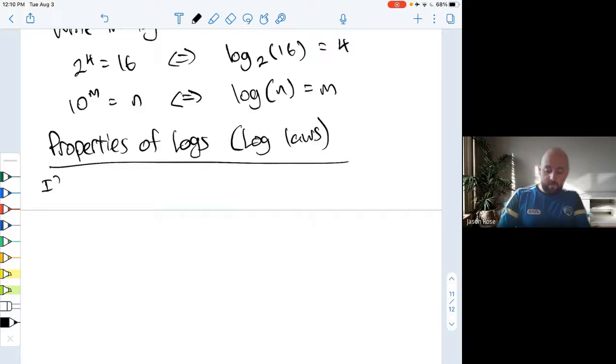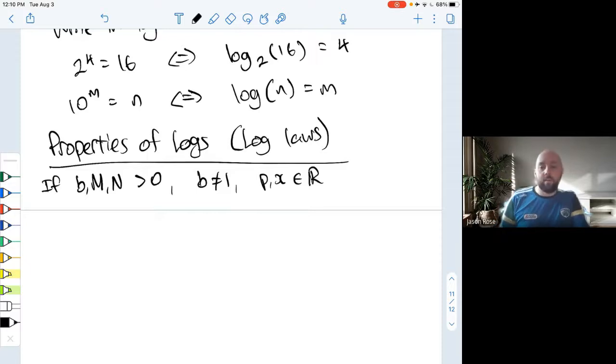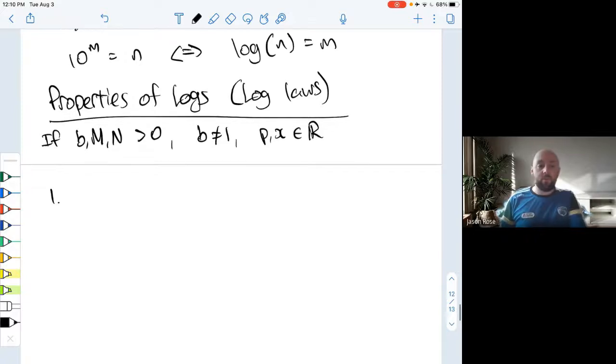So if b, capital M, and capital N are positive, b is not 1, p and x are real numbers, then each of these rules are going to always be true for any log function with that base.